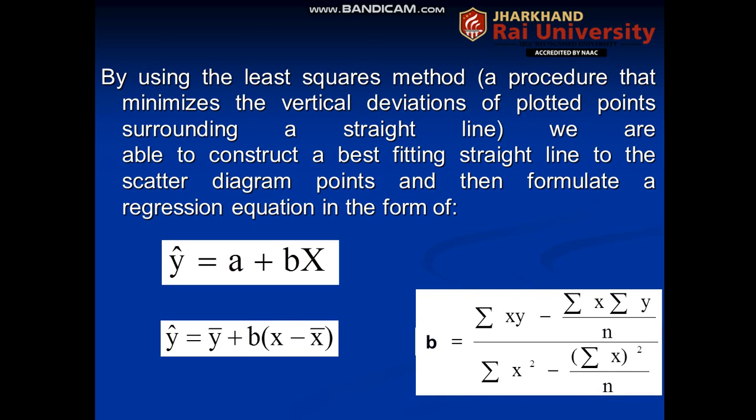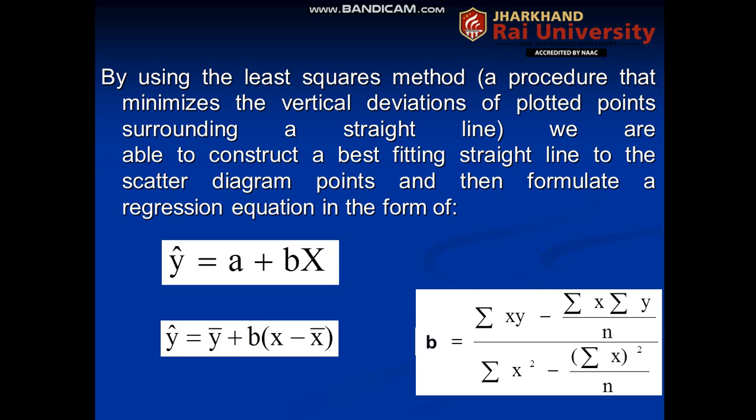By using the least square method, a procedure that minimizes the vertical deviations of plotted points surrounding a straight line, we are able to construct a best fitting straight line to the scatter diagram points, and then formulate a regression equation in the form.